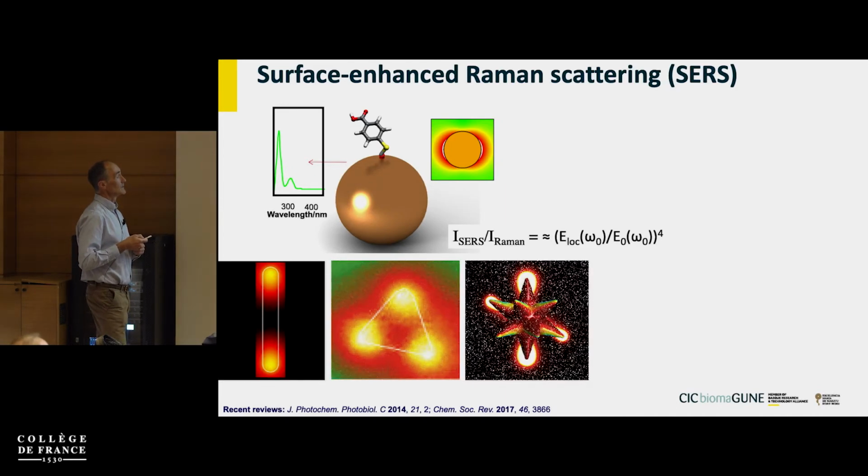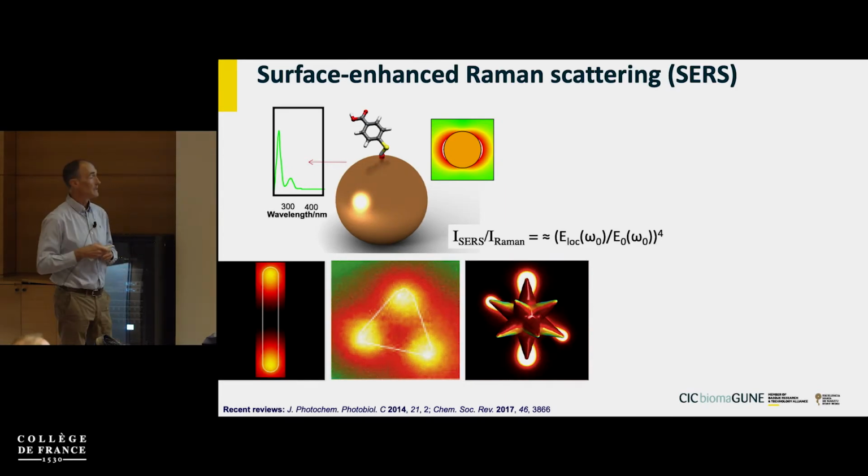If you play around with the morphology of the particles, you can increase the efficiency of the enhancement of the electric field. So it's well known that for particles with sharp tips or edges, you can obtain much larger enhancement of the electric field.